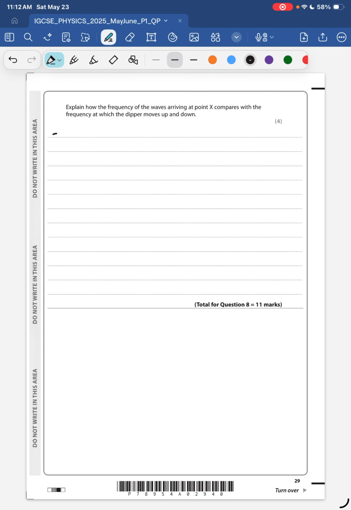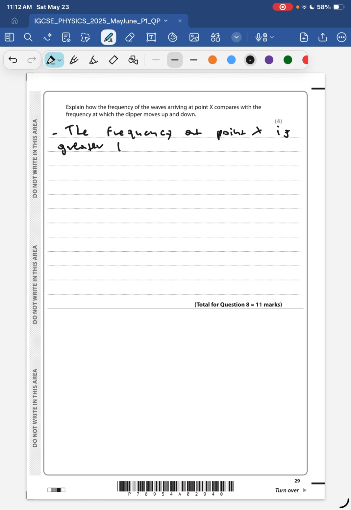All right, so we can write that the frequency at point X is greater than the frequency at which the dipper moves.